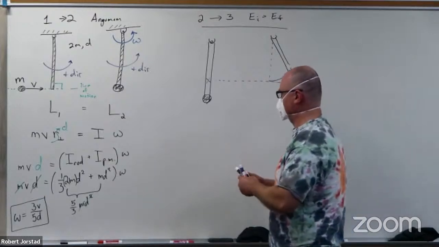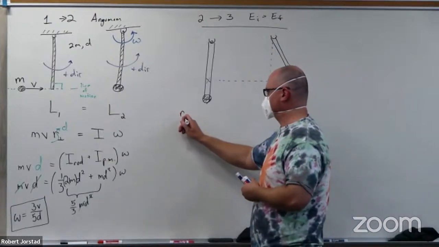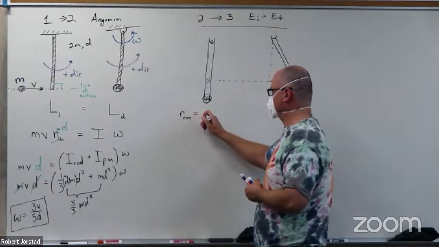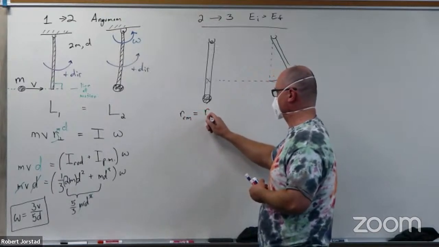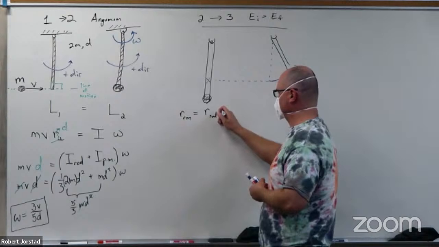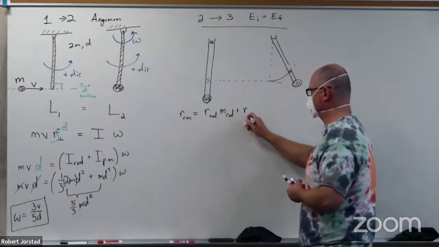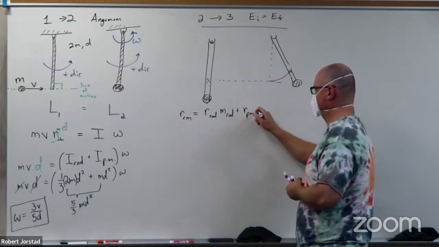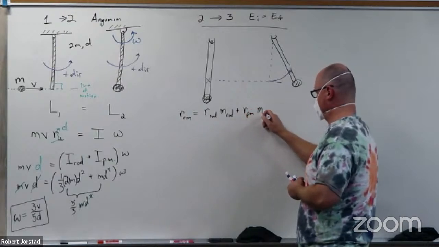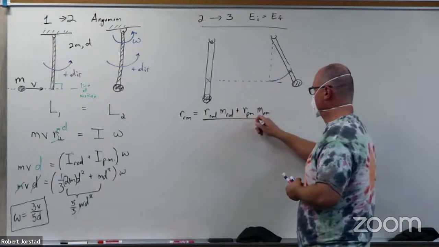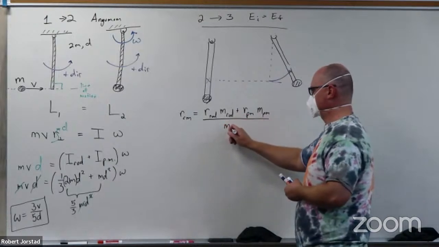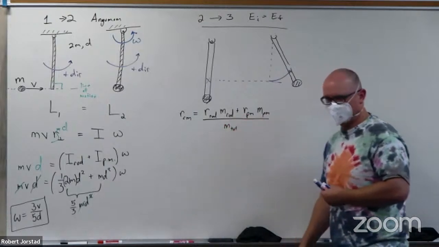Now check this out. Radius for the center of mass is going to equal radius for the rod times mass of the rod plus radius for the point mass times mass of the point mass, all over mass total. Agreed?